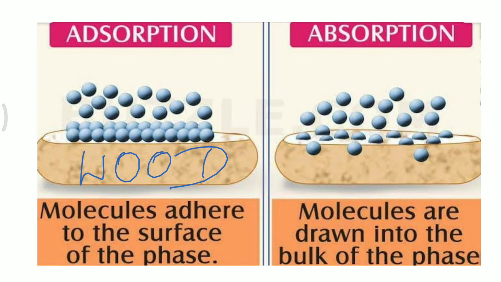Whereas in absorption, the movement of water molecules within the cell takes place. So when absorption is taking place, the water molecules are moving inside the cell or inside the organism, whereas in adsorption the water molecules are just layering themselves over the surface area or the cell membrane of the object. So this is the difference.